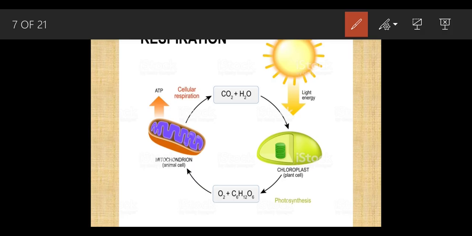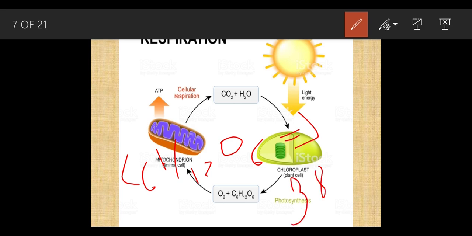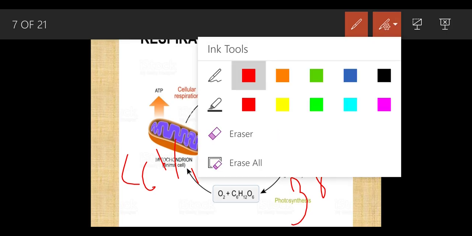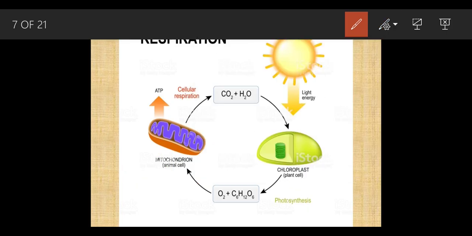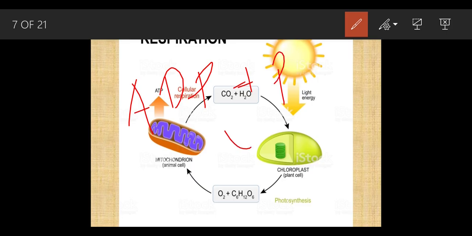Suppose there is one glucose, C6H12O6. How many molecules of ATP is it going to release? It is going to release 38 molecules of ATP. In every series of steps, ADP, with the help of a phosphate, gets converted into ATP.